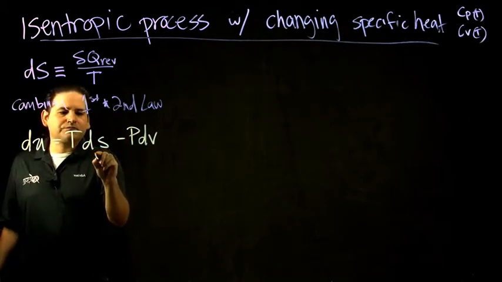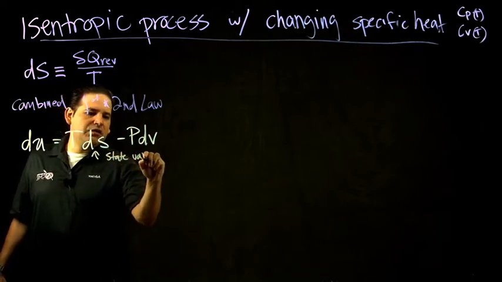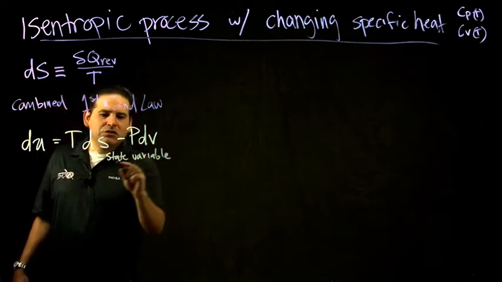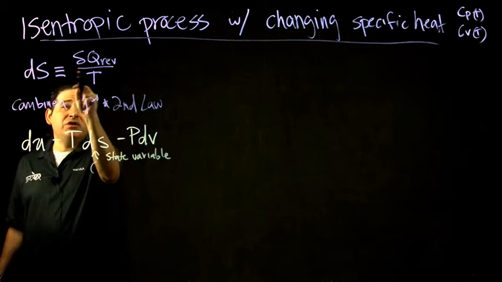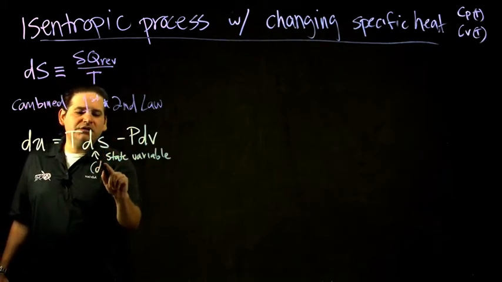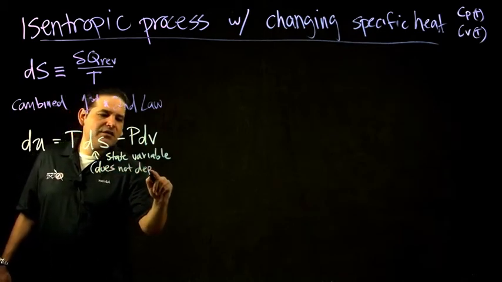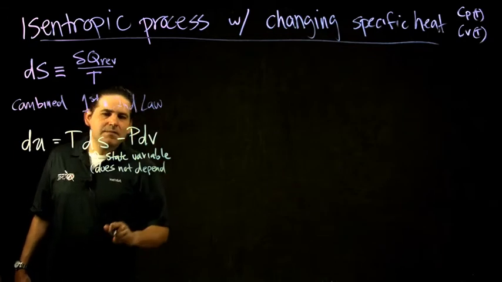So, state variable, so we can use this even though it may or may not be reversible. This amount does not depend on path. So that's the nice beauty.